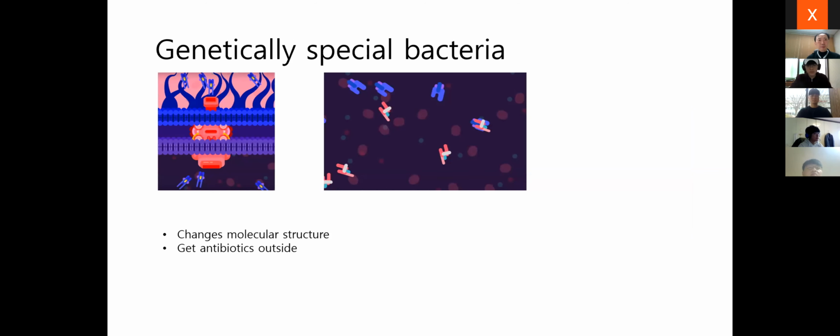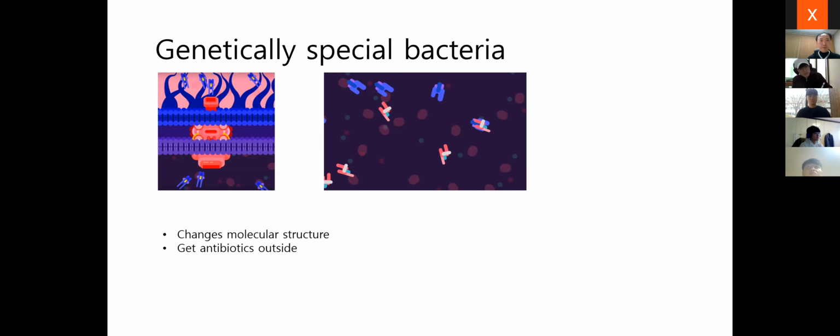Let me explain some functions by which they do not get attacked by the antibiotics. Firstly, they can get antibiotics outside of the cell. When antibiotics get inside, they can use their energy and some channels to pump the antibiotics out of each cell.